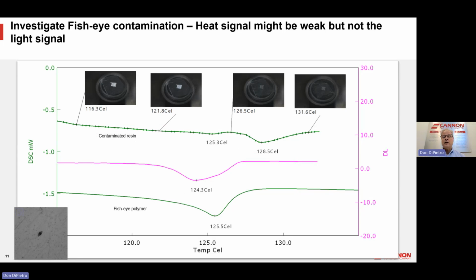Again, this is pretty small, but what if we were to have something that's on the order of micrograms of sample? Well, this next example is a case of, generically we call these fisheye. This could be unreacted material, could be unmixed material, high molecular weight, something that's contaminating something within a larger matrix.